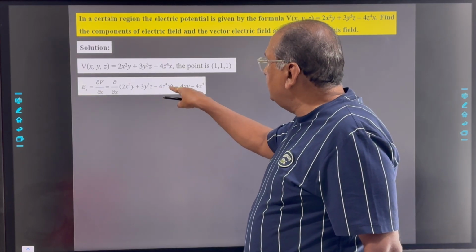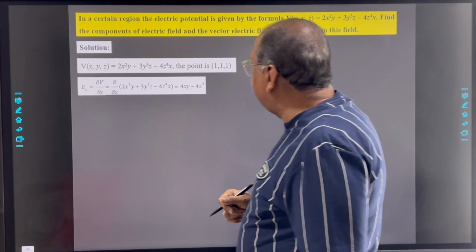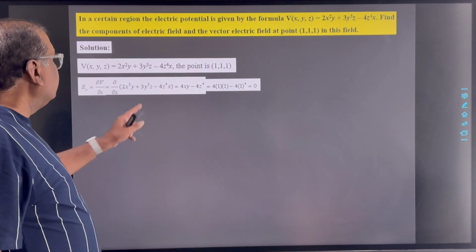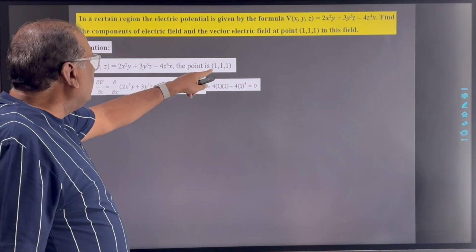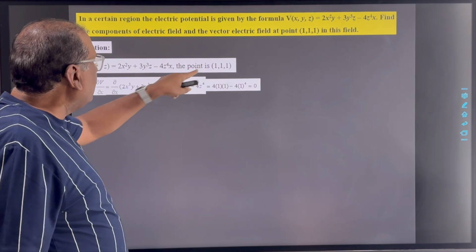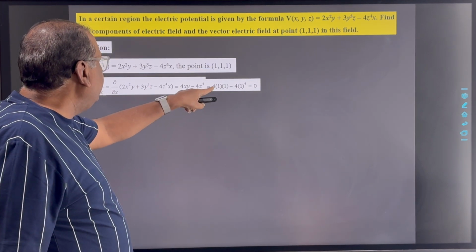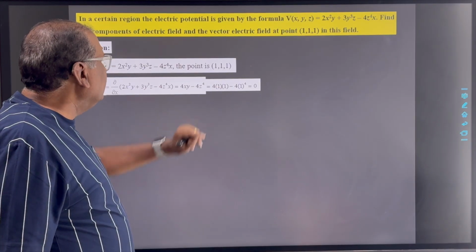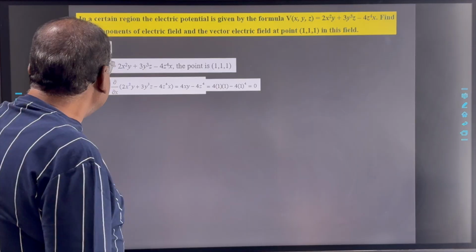Here differentiation of x is 1, so that is minus 4z to the power 4. Then substitute the values, because we want this particular component at this point: x is 1, y is 1 and z is 1. So you will get 0.